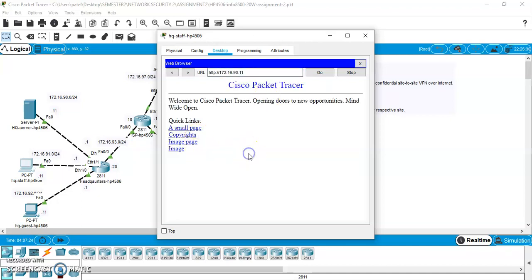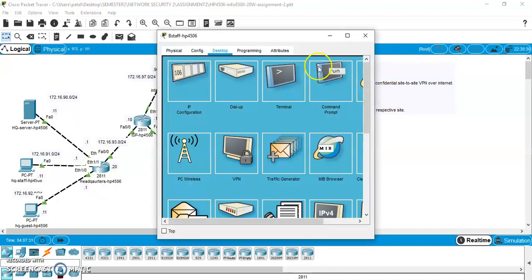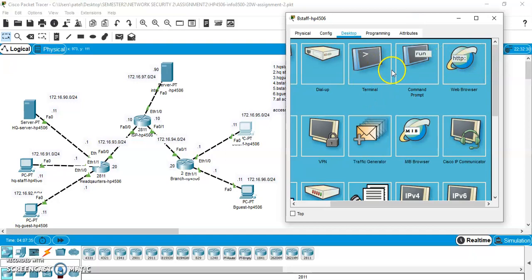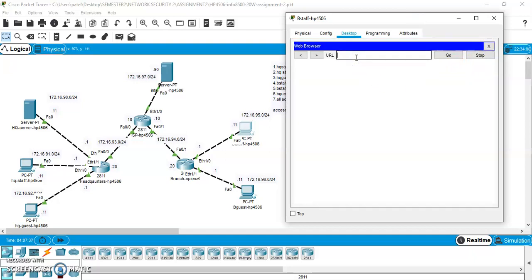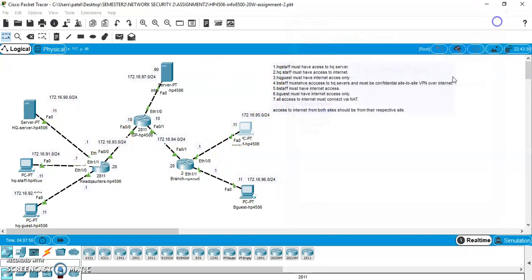As you can see, I am also able to access the headquarters server from the staff network. Now from the staff network on the branch side, I'll access the internet web server and the headquarters server as well. And now we'll access the headquarters server. You see, I'm able to access the headquarters server.